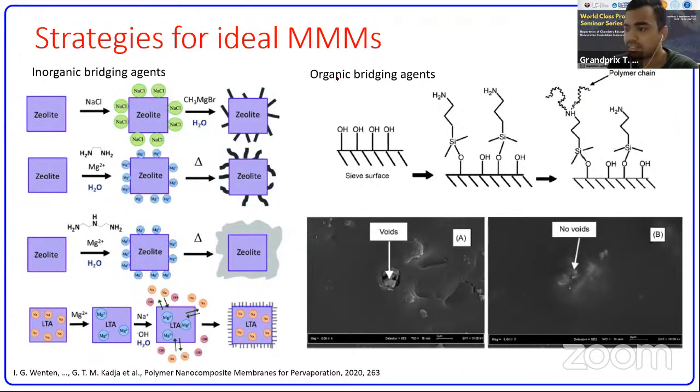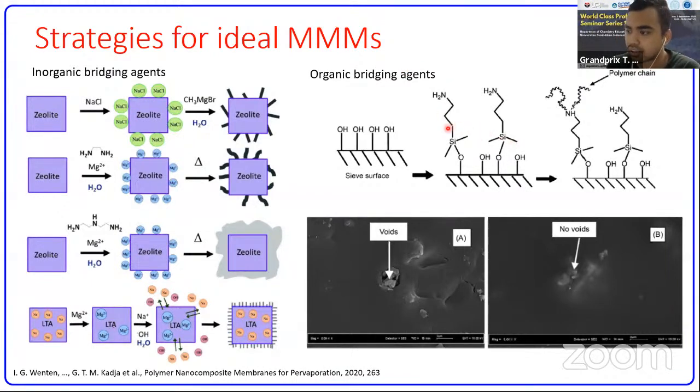On the other hand, we could use organic bridging agents. In this case, we will use an organosilane. As you can see here, for example, this is the organosilane that we use, aminopropyl trimethoxysilane.